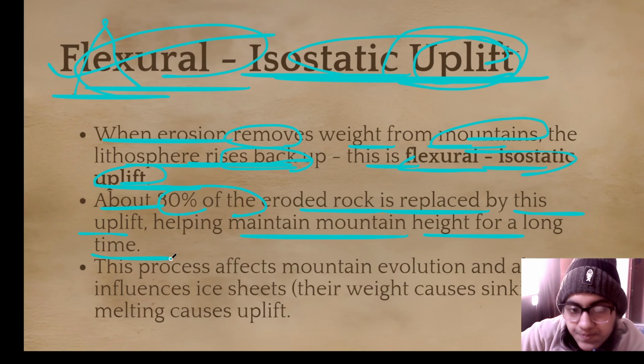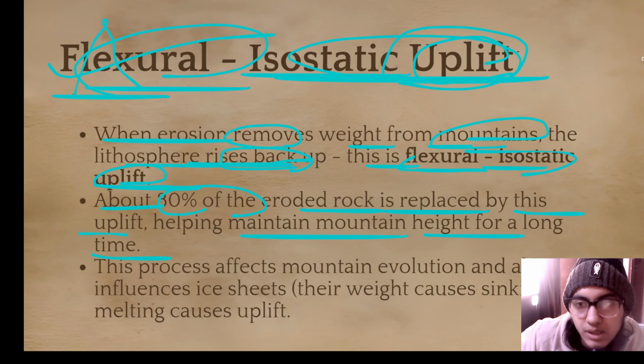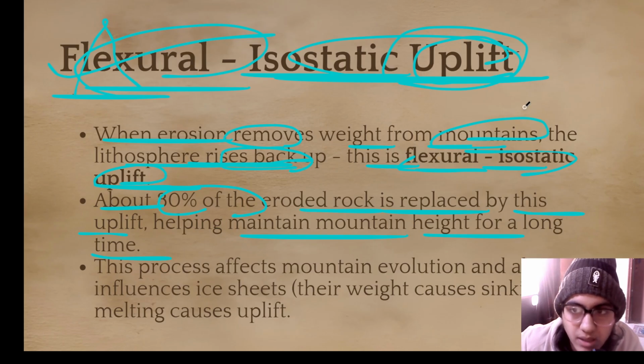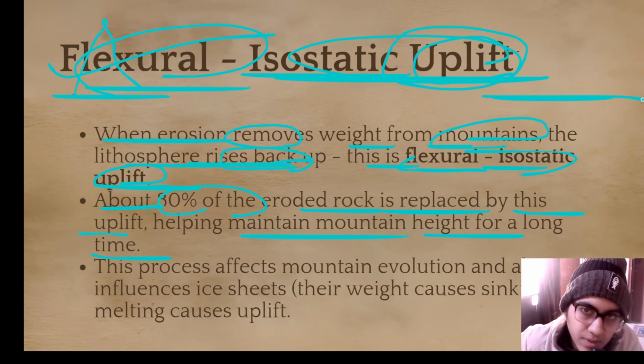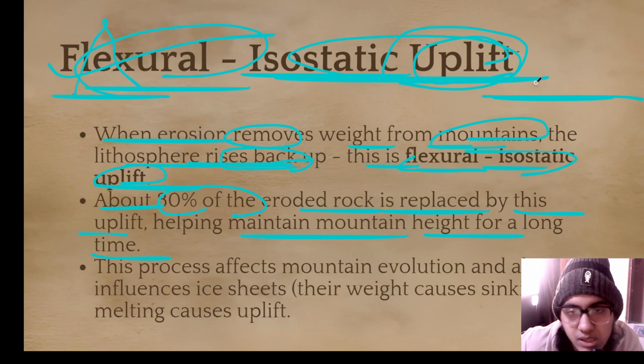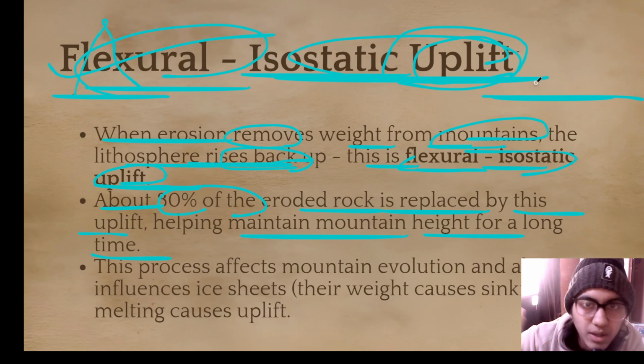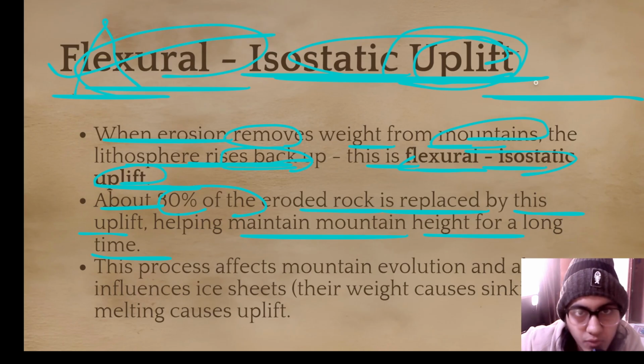So these rocks eroded away or moved away, and because of that the weight of the mountains decreases, and the underlying layer, that is the crust, rises back. And because of this, the mountain heights remain the same.